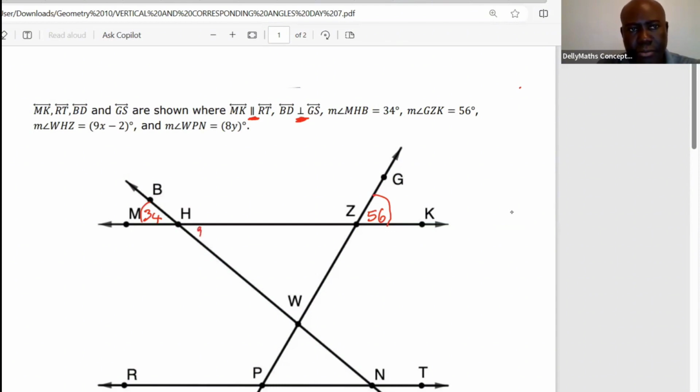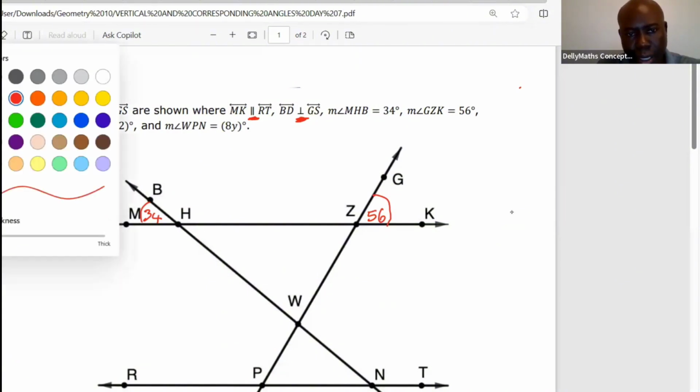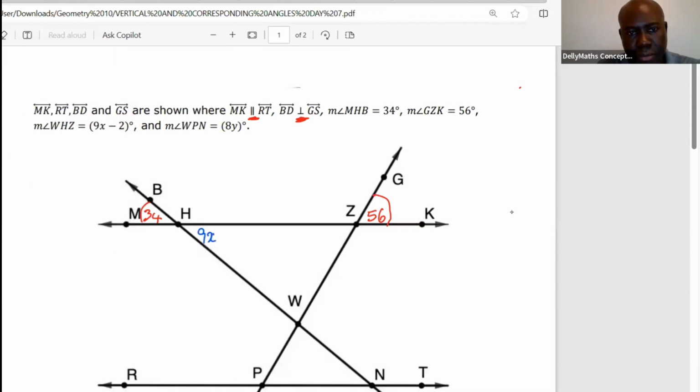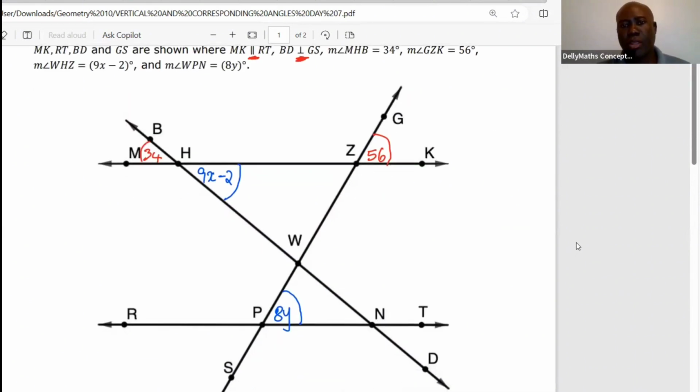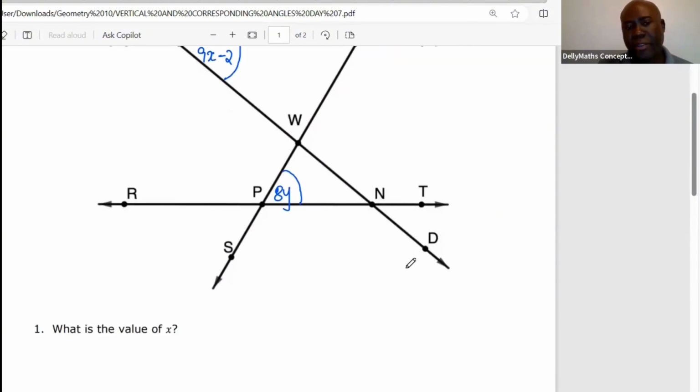We got this to be 9x minus 2. Also, we got the measure of angle WPN, which is right here. We got that to be 8y. All right, so this is the information that we have. With this information, we're now asked to find the value of x and the value of y.